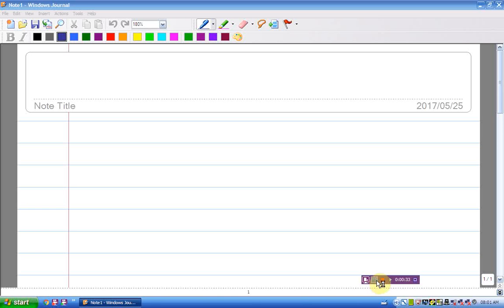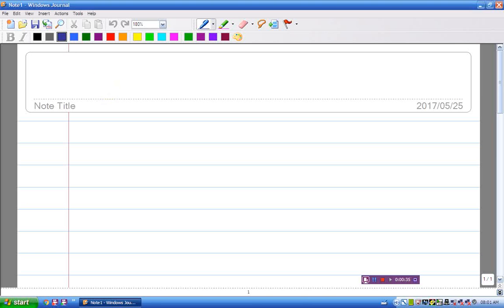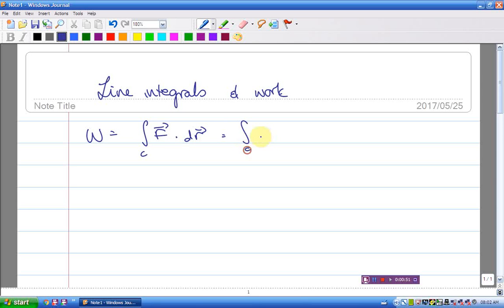That's a good sign. All right, so that's line integrals and work. So work is the line integral. Okay, that's the basic formula. That is the same as that.